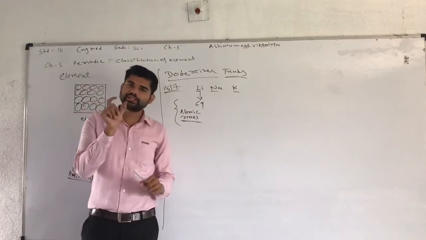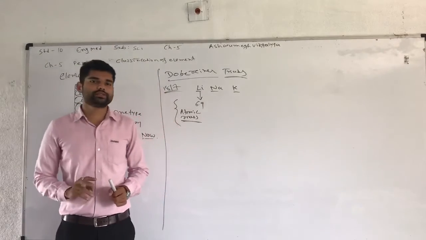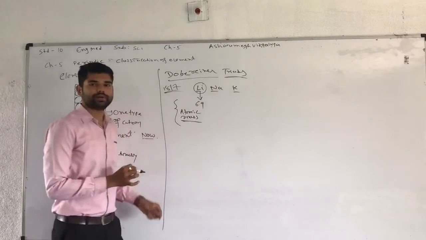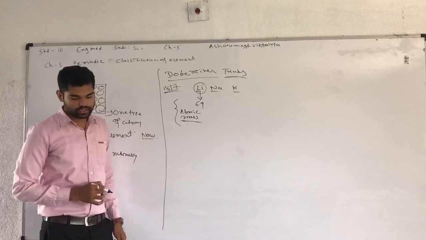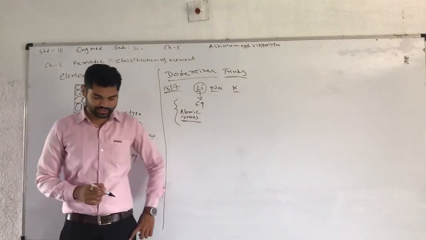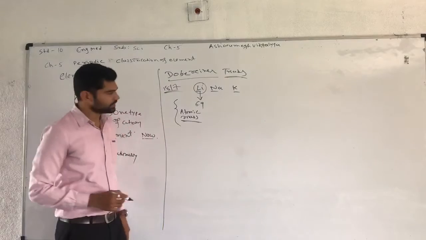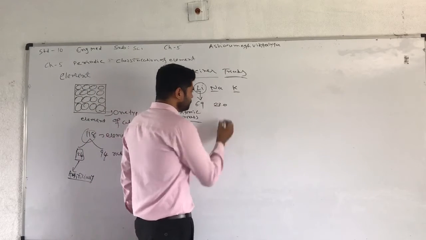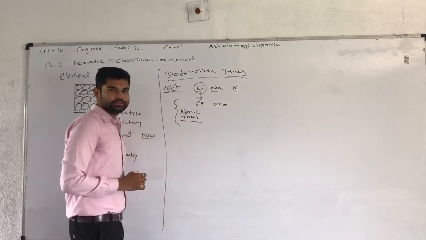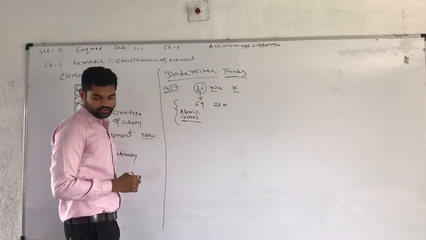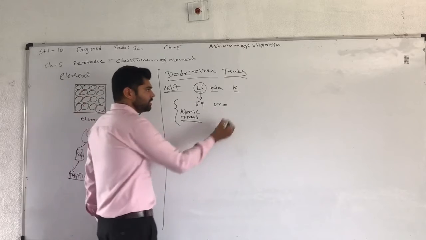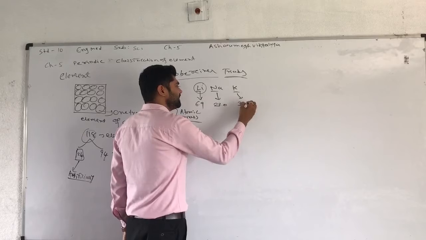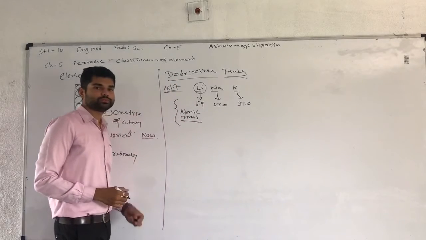Take two elements. First, lithium, atomic mass 6.9. Another, sodium, atomic mass 23.0, and another, potassium, 39.0.